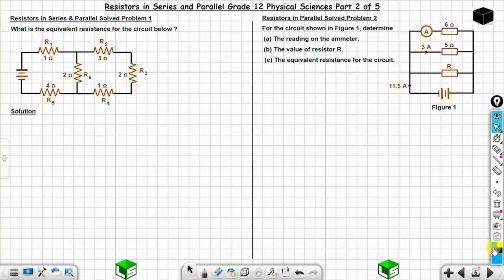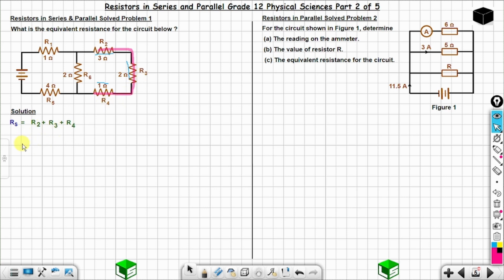Let me show you. Can you see the three resistors are in series? You can solve this part first. The three resistors are connected in series, so resistance in series is equal to R2 plus R3 plus R4.